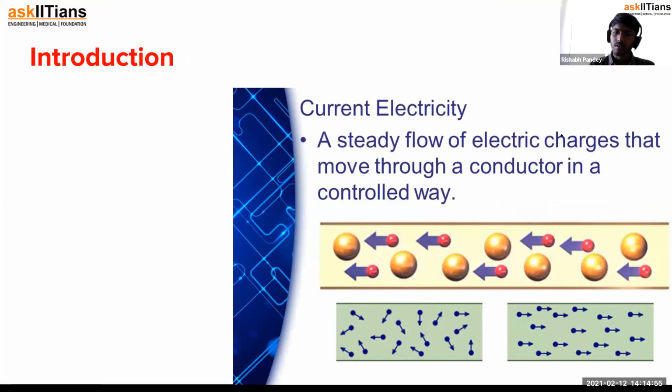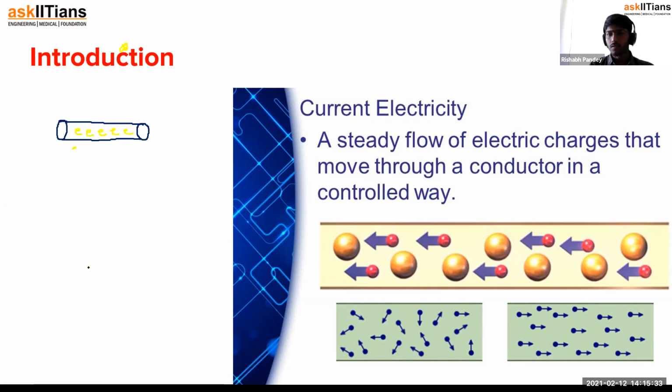What's current electricity? A steady flow of electric charge that moves through a conductor in a controlled way. For example, say I have a wire structure like this, and it's filled with electrons.